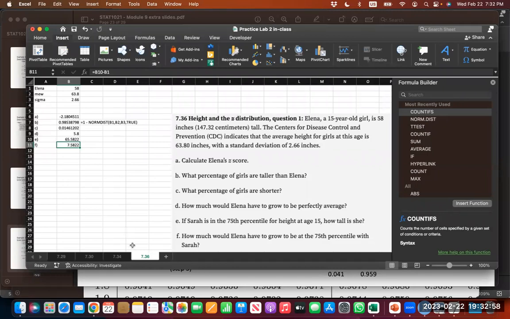All right, so 7:32, I guess we're at the end. If there are any questions, let me know now. Any further questions to anything? Yes. How'd you get C? C, what percentage of girls are shorter? You have quantified the z-score of minus 2.18.